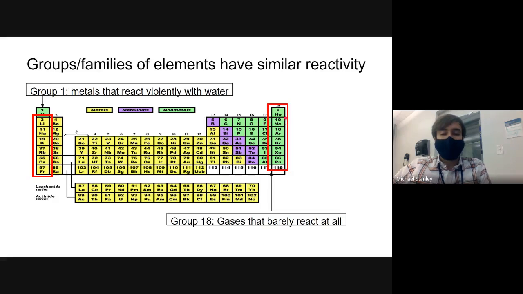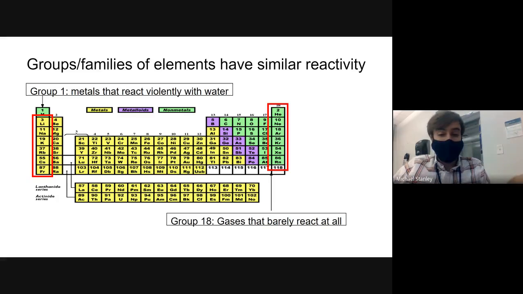Neon has 10 electrons, so it has 8 on its outer second shell. Argon has 18 electrons, so it has 8 on its outer third shell, and so on and so forth for the other atoms in this group, in this column. So all of these guys have a completely full outer shell. So they're like fat and happy, basically. Their outer shell is full.